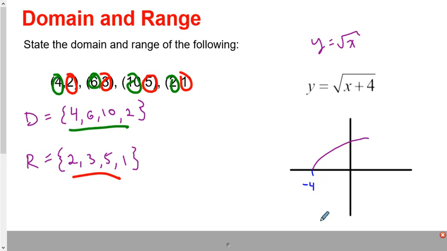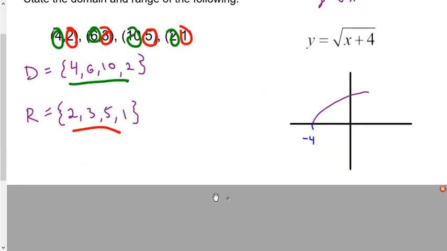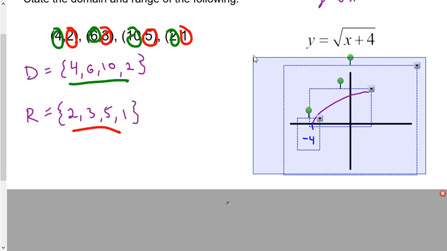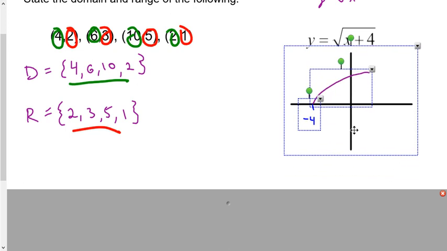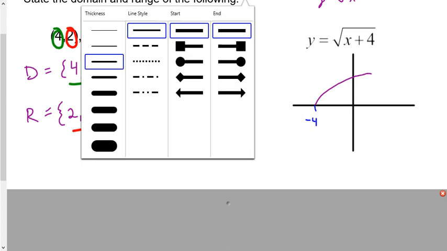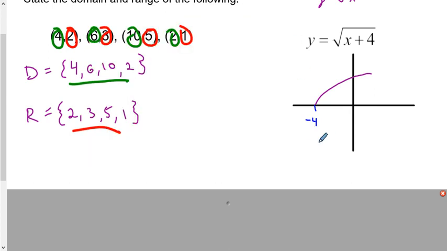x-axis. Okay, so for our domain and range, let me just get a little space here to put that. So say, okay, my domain, that's all my possible x values. I could have any number along this curve, right?